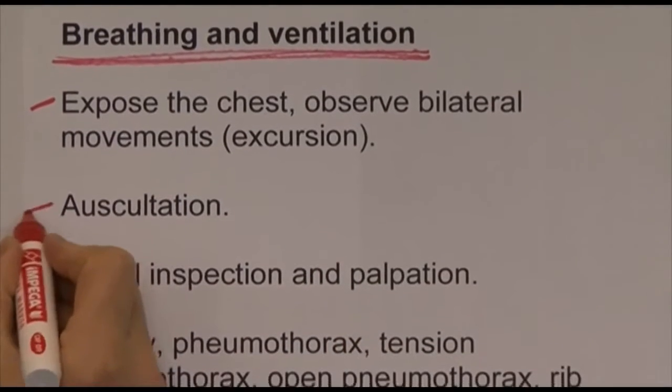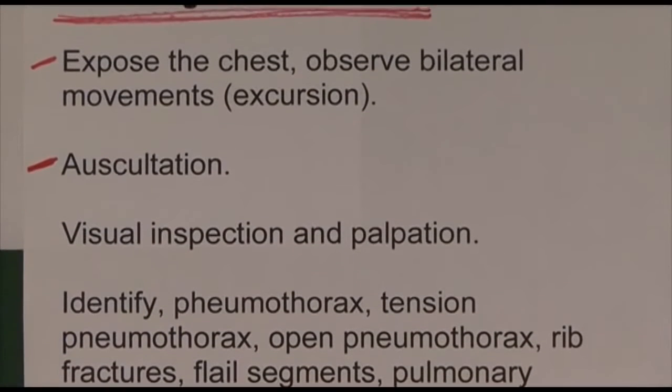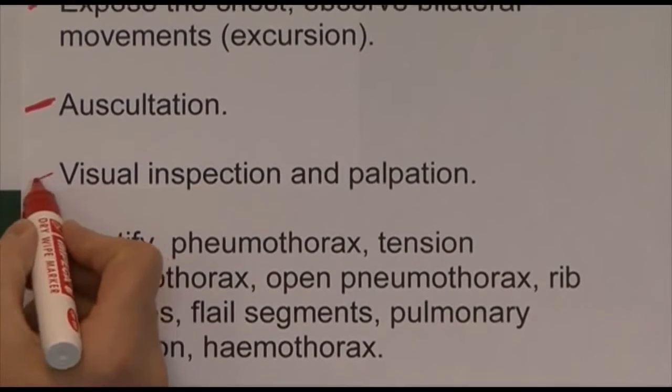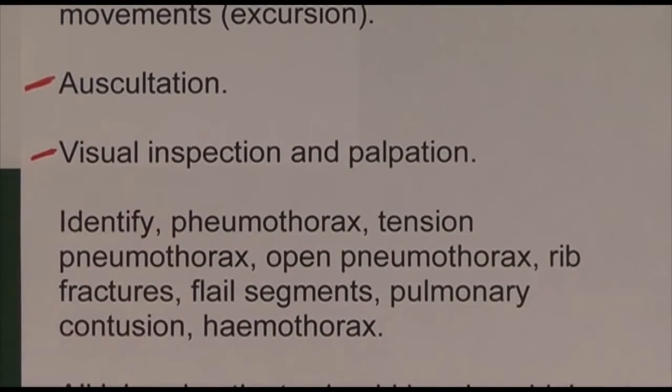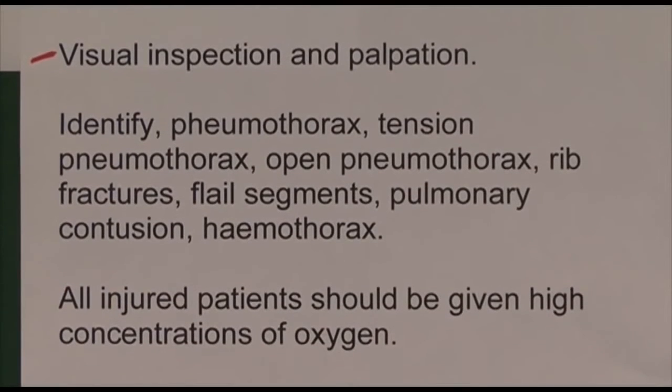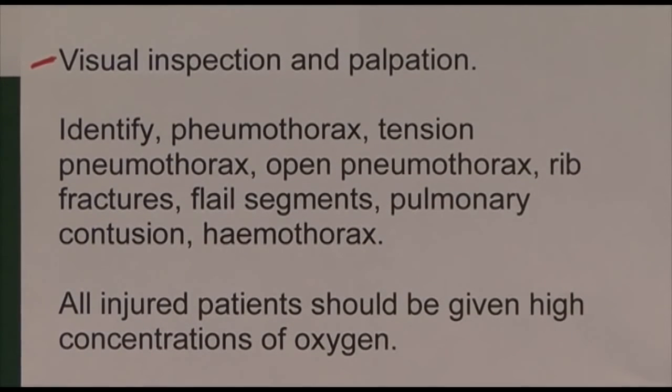Auscultation, we can listen, and the air sounds, we should hear the air going in all parts of the chest as we listen. There should be good air entry into all parts of the chest. Visual inspection, the surface of the chest for any injury, and we can also palpate it to see if we can feel any injuries. We can also percuss to see if there's any dull or hyperresonant areas as well.